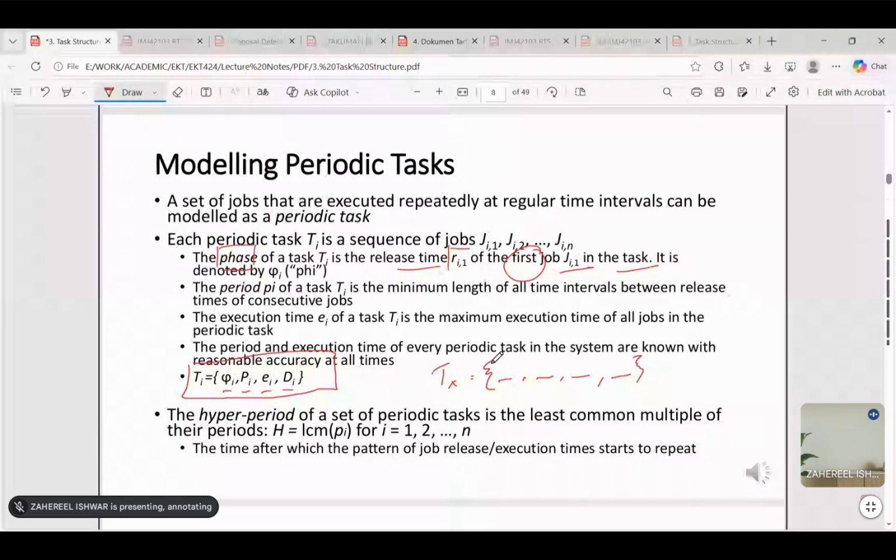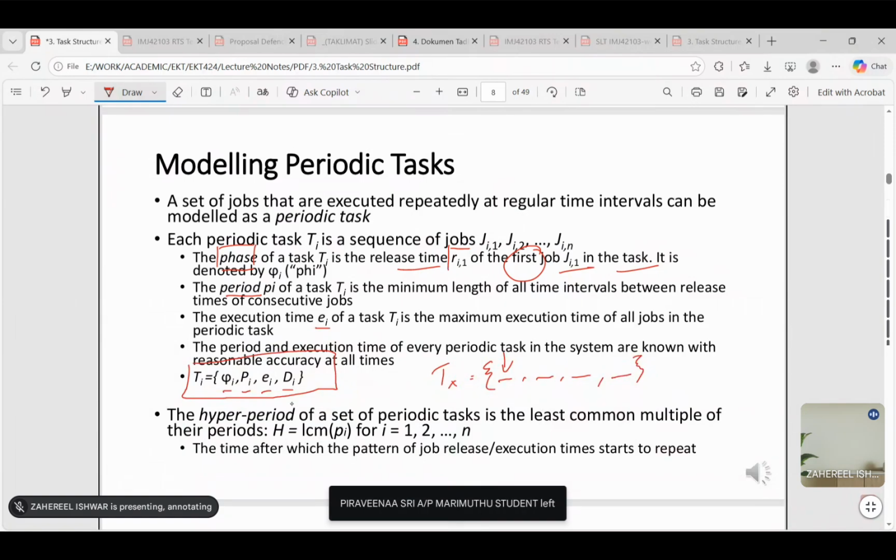So this is the release time of the first job, denoted by the symbol phi. Period, very straightforward, P sub I of a particular task. And then execution time, we also discussed already. And then the relative deadline, which in most cases will be equal to period unless mentioned otherwise.